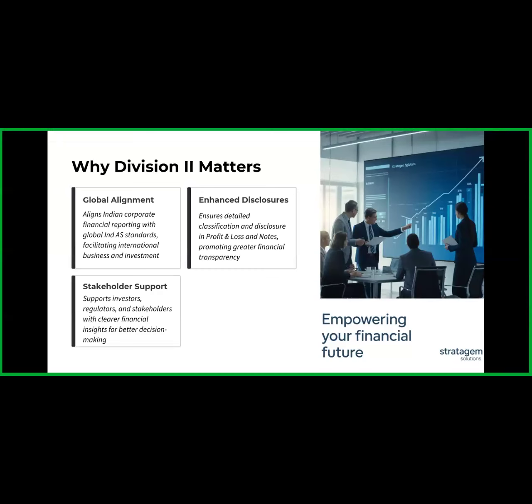So that's why this Division 2 matters a lot, because this financial information supports the investor, regulator, and stakeholders with clear financial insights for better decision making. So that's why the Division 2 of the Companies Amendment Act 2015 matters a lot to us as students of finance also.